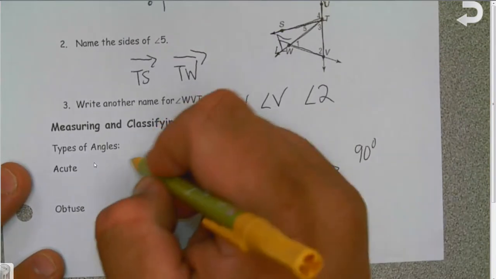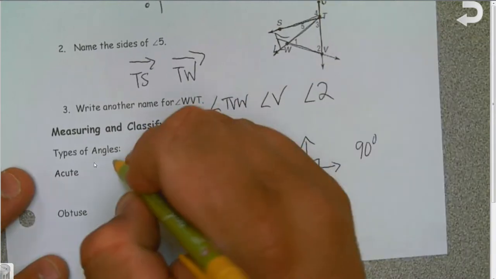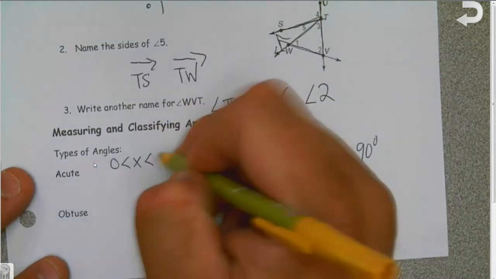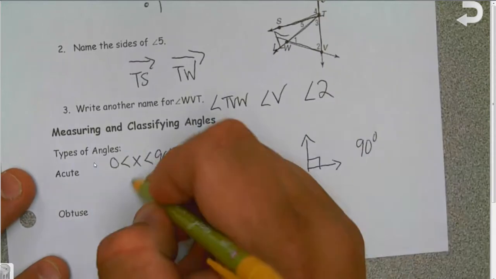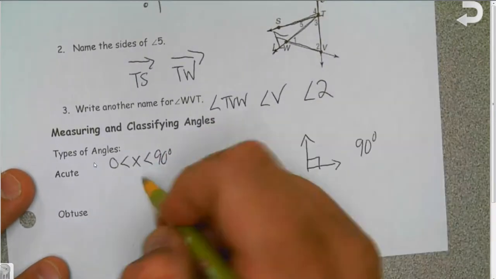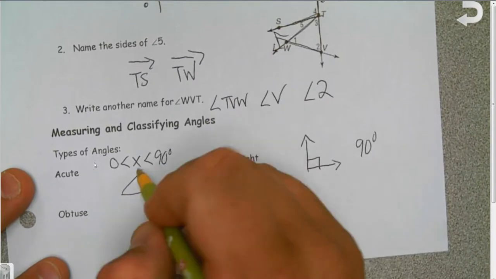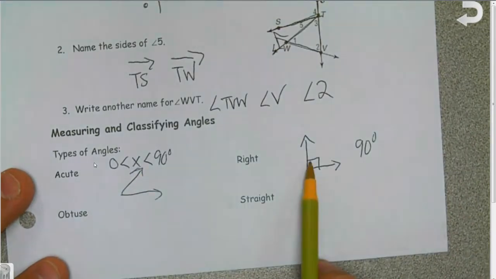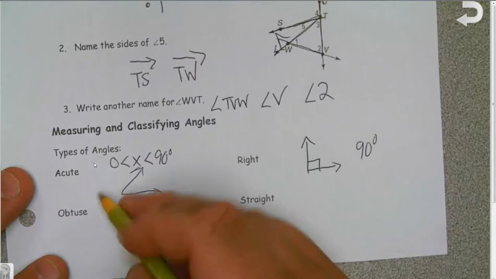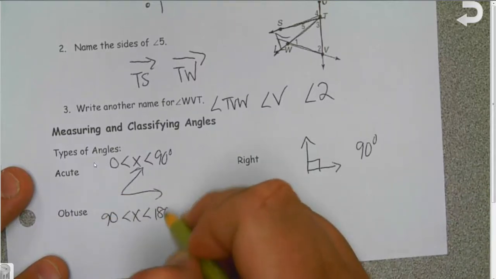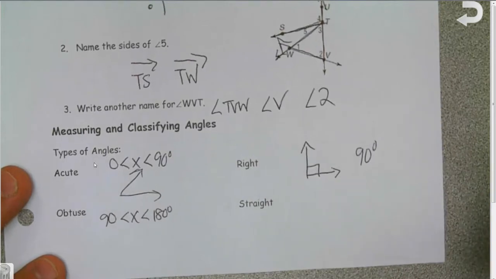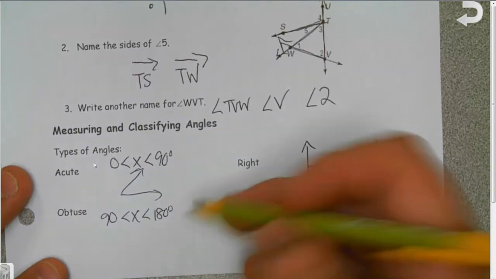If an angle is less than 90 degrees, so if the value is between 0 and 90, it's said to be acute. And so it'll look like this. Less than a 90. If the value is greater than 90, but less than 180, it's said to be obtuse.